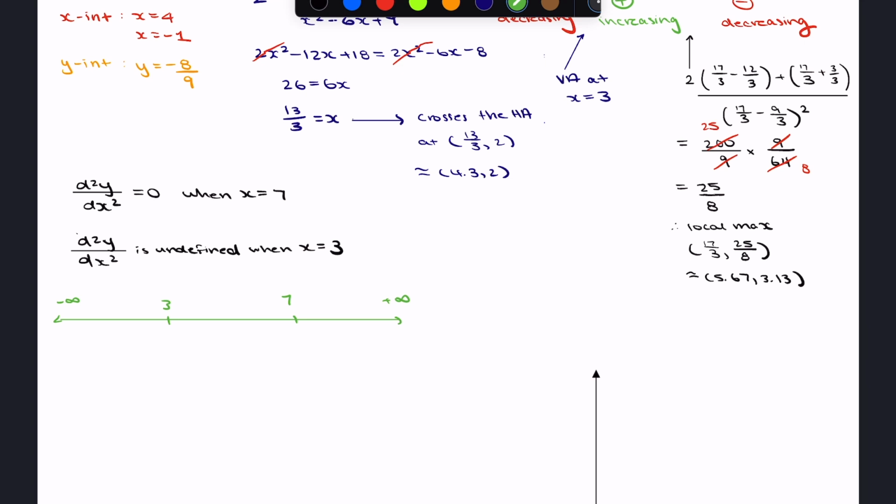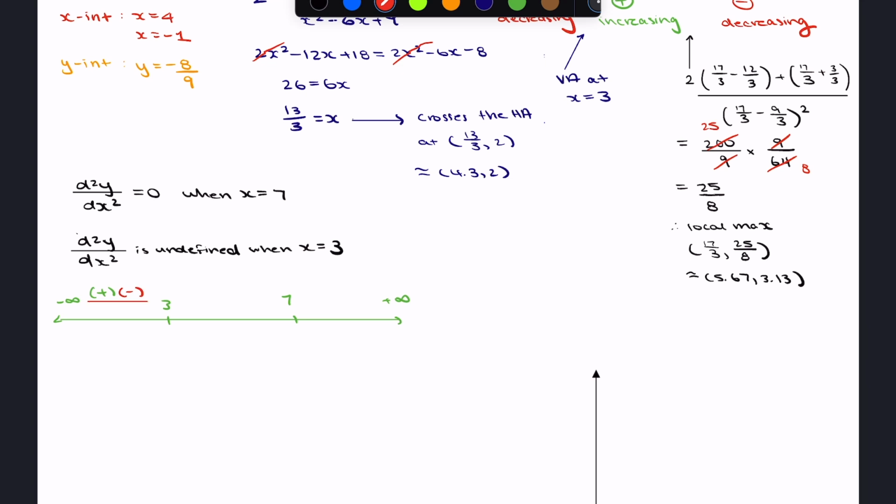So here, if we sub in 0, for example, a value that's less than 3, we have 12, which is positive, times 0 minus 7, which is negative.